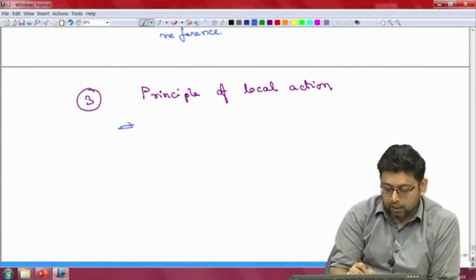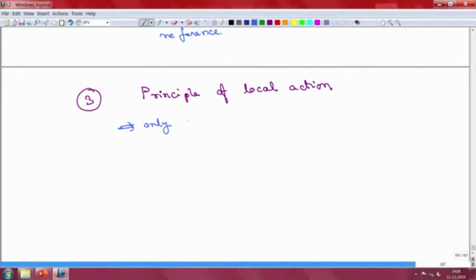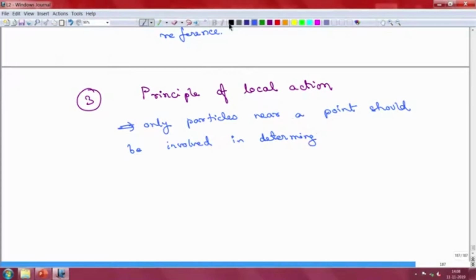Okay. So it says that only particles near a point, which implies the immediate neighborhood, should be involved in determining the stress at that spatial location.